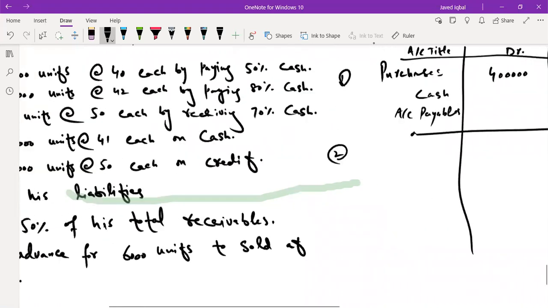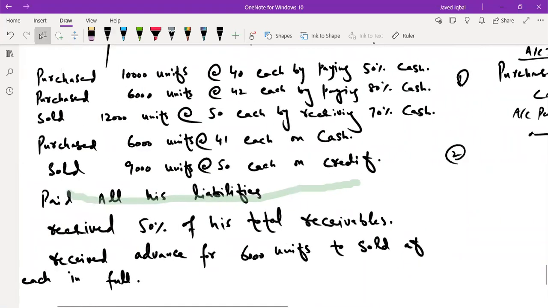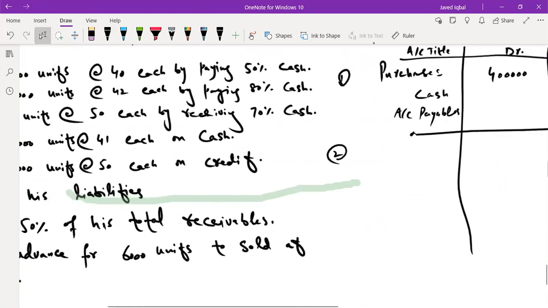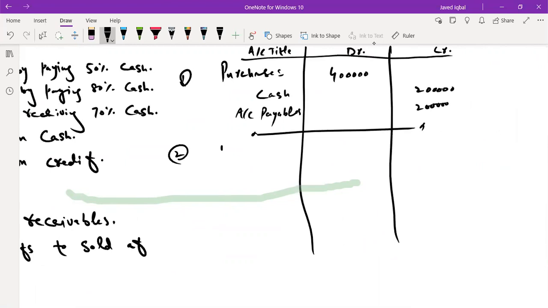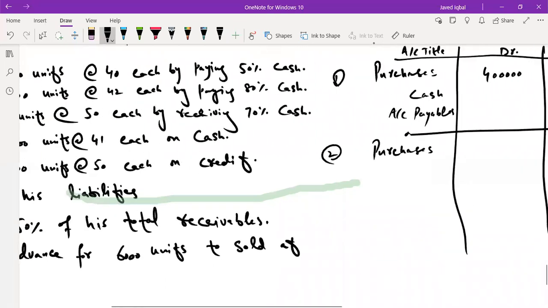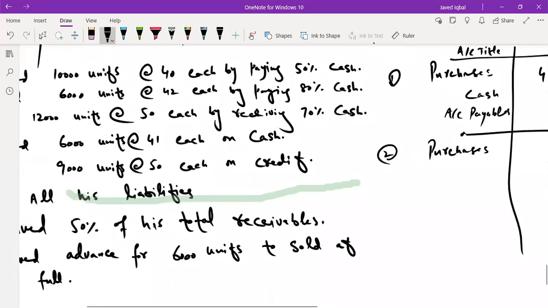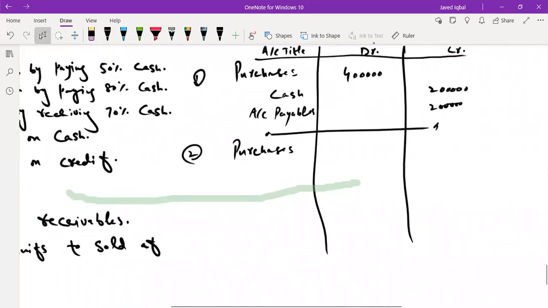Coming to your second transaction, in which he purchased 6,000 units at 42 each. So you have purchases, 6,000 at 42 would mean 252,000.